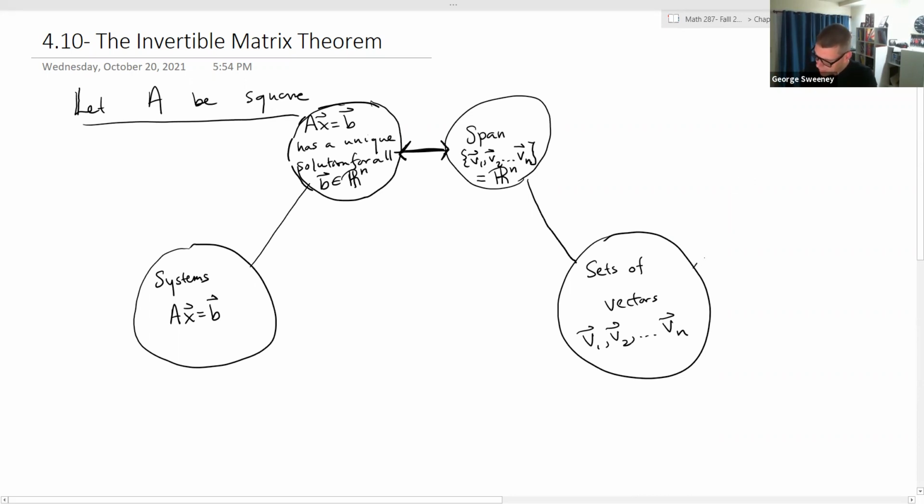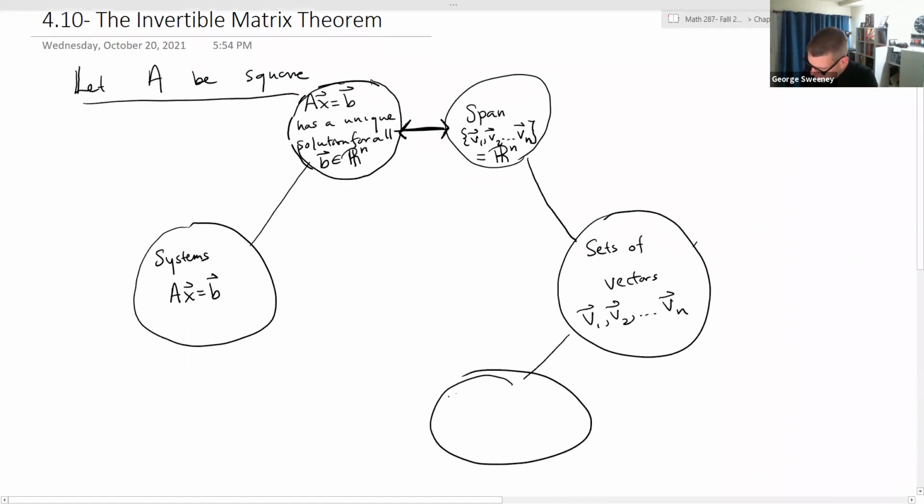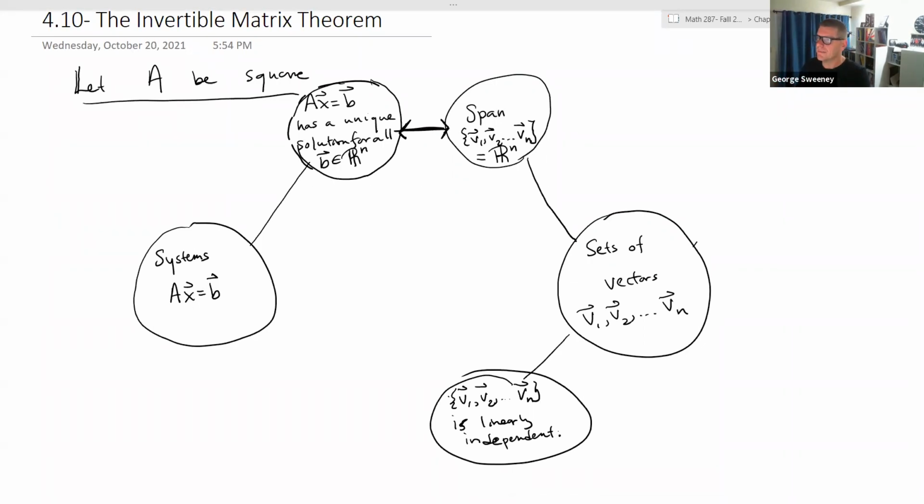Next up, we got this idea that the set v1, v2 through vn is linearly independent. That's our next idea.